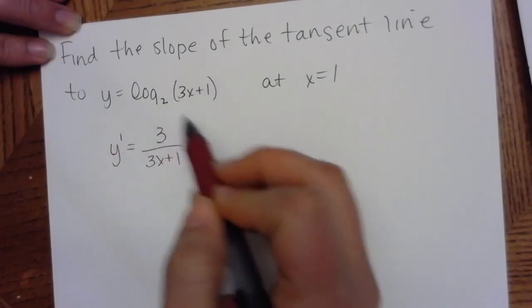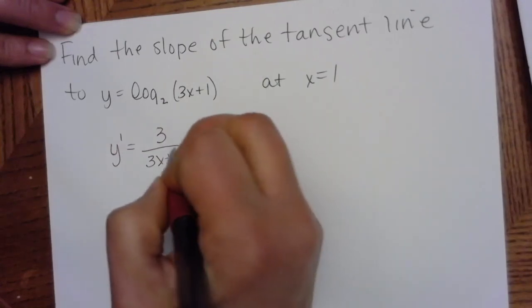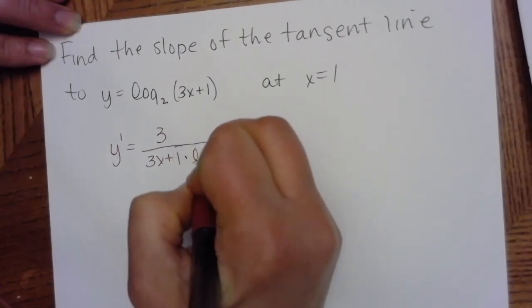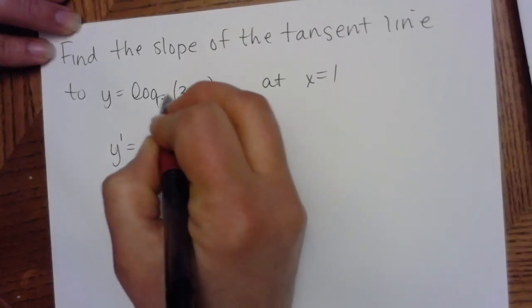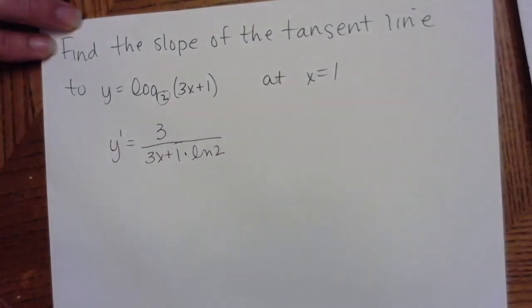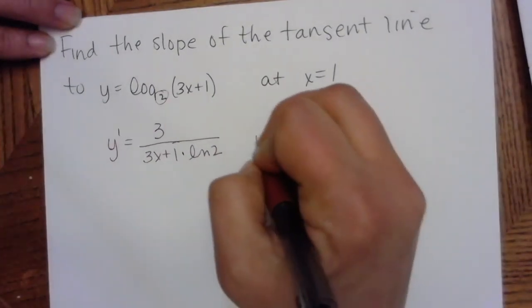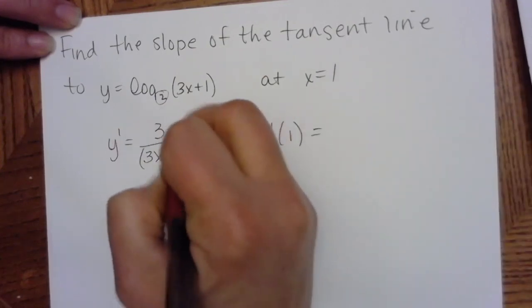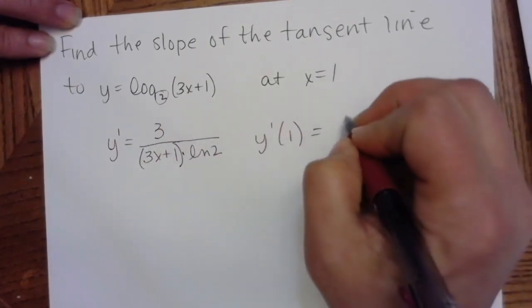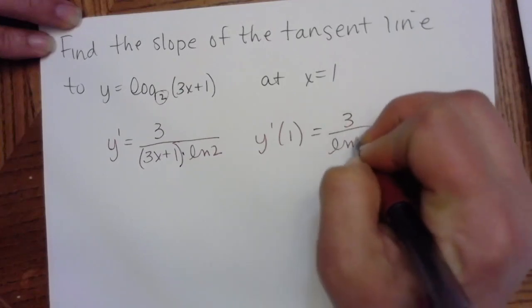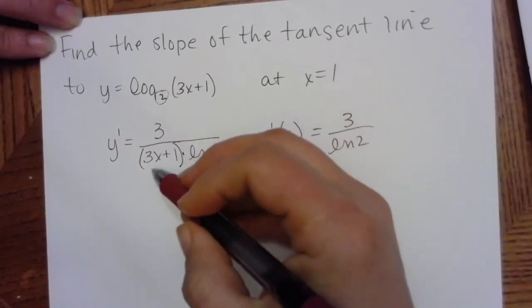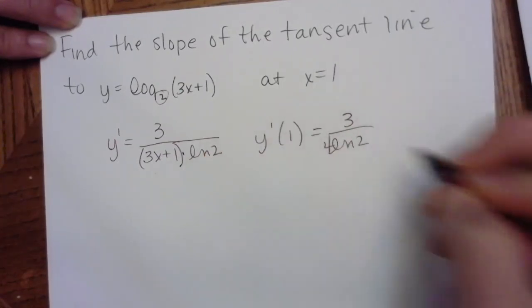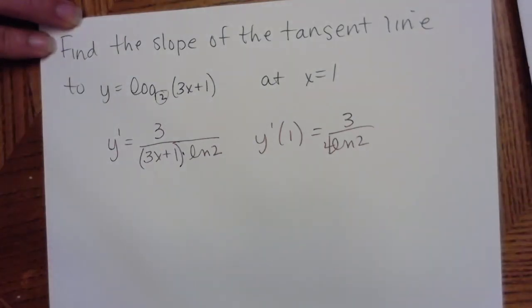So this is just like if it was ln, but then also down here I have to tack on the natural log of 2 because 2 is my base. Okay, so if I wanted y prime of 1, there should be parentheses around there, 3 over the natural log of 2 times, when I plug in 1, 4. So I get 3 over 4 natural log of 2, and that is just a number I can put in my calculator.